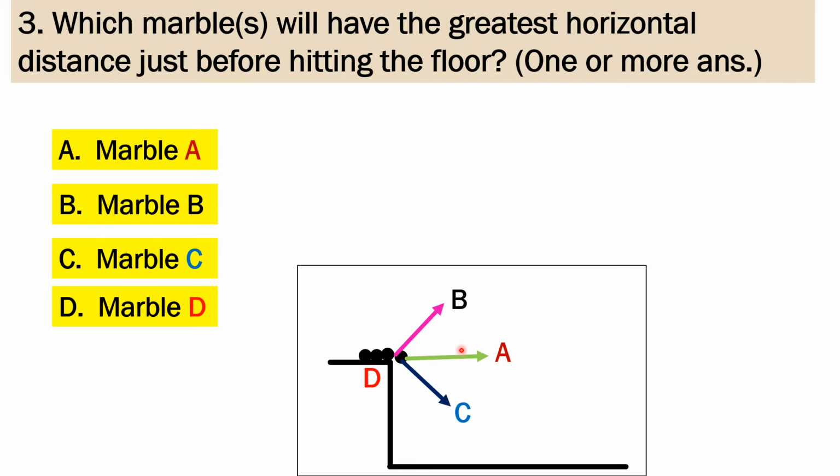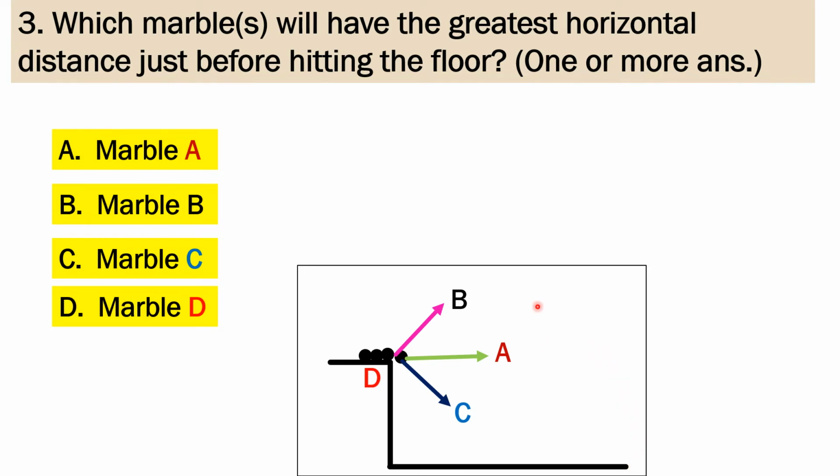It's quite logical to say that marble B will take the longest time to travel from its initial position until it reaches the floor, for the mere fact that it still goes up, reaches maximum height before it comes down and continues until it reaches the floor.